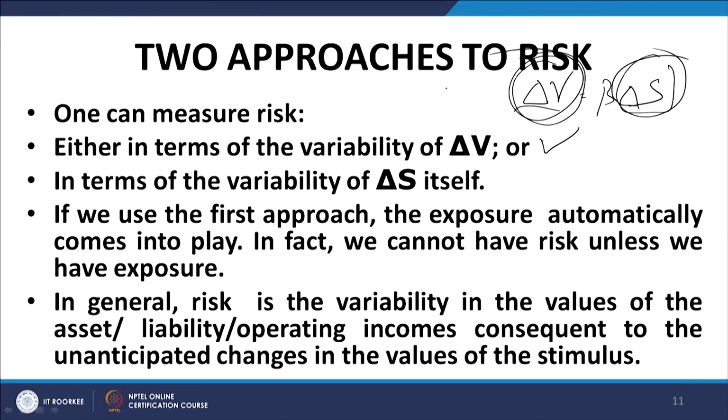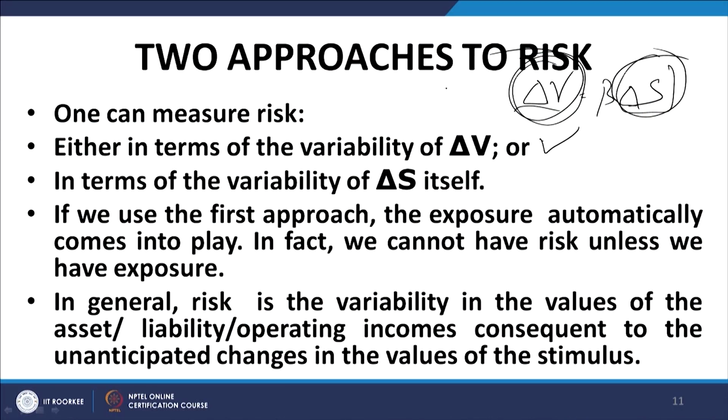The other is that you measure the variation of delta V, but delta V being a product of beta and delta S. Therefore, beta also comes into the picture. In other words, what is beta? Beta is the exposure. Therefore, if you have exposure, you have risk.